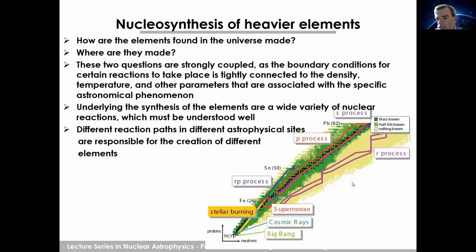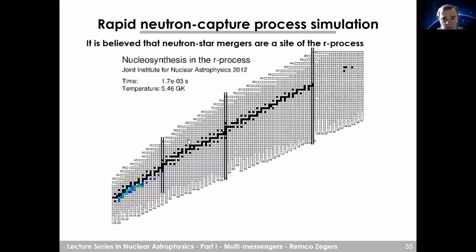Initially, these nuclei are produced, they're very unstable, and then they slowly decay towards the valley of stability. To understand the creation of these particles, you need to understand these different reaction paths. I'll show just one example right here.